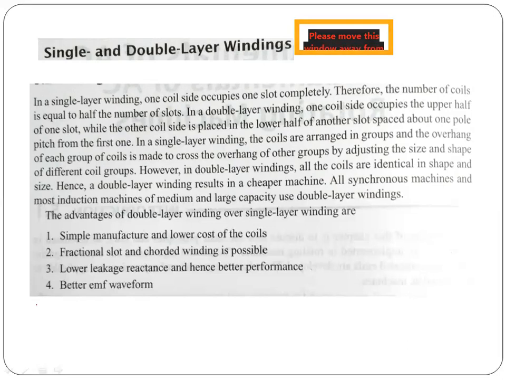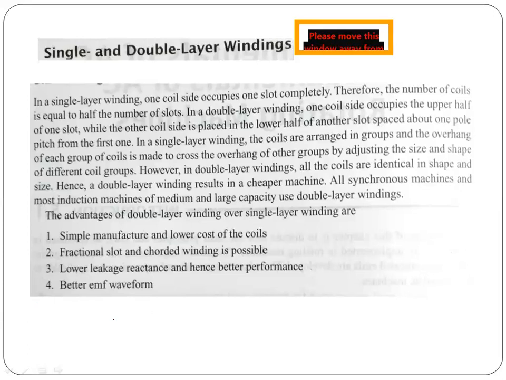In a single layer winding, the coils are arranged in groups, and the overhang of each group of coils is made to cross the overhang of other groups by adjusting the size and shape of different coil groups. However, in double layer windings, all the coils are identical in shape and size. Hence, a double layer winding results in a cheaper machine.